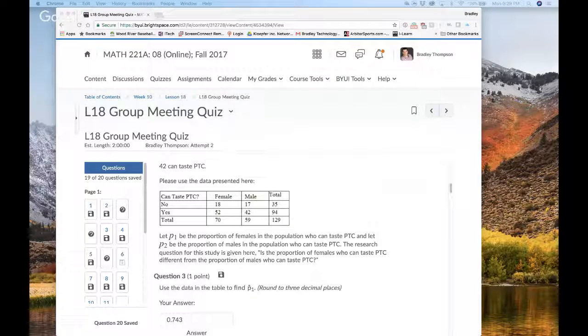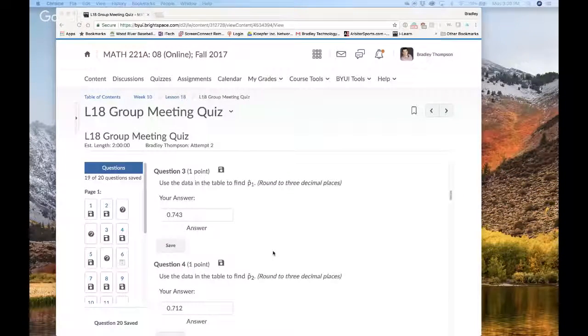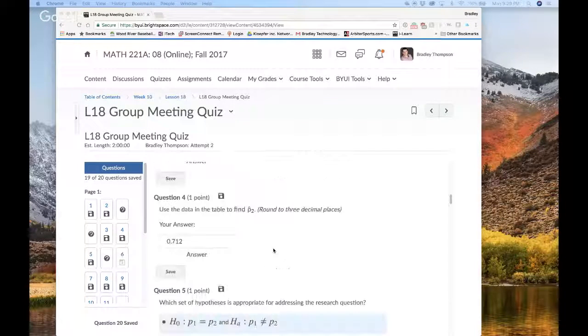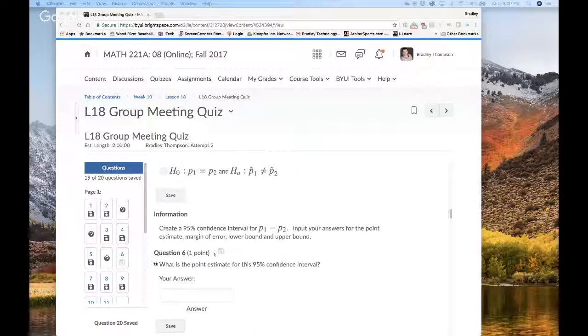My bad. Hold on. So I was thinking maybe it is 0.743 minus 0.712. That's the P hat 1 minus P hat 2, you think, right? Yeah. Okay. Let me just double check quickly here.